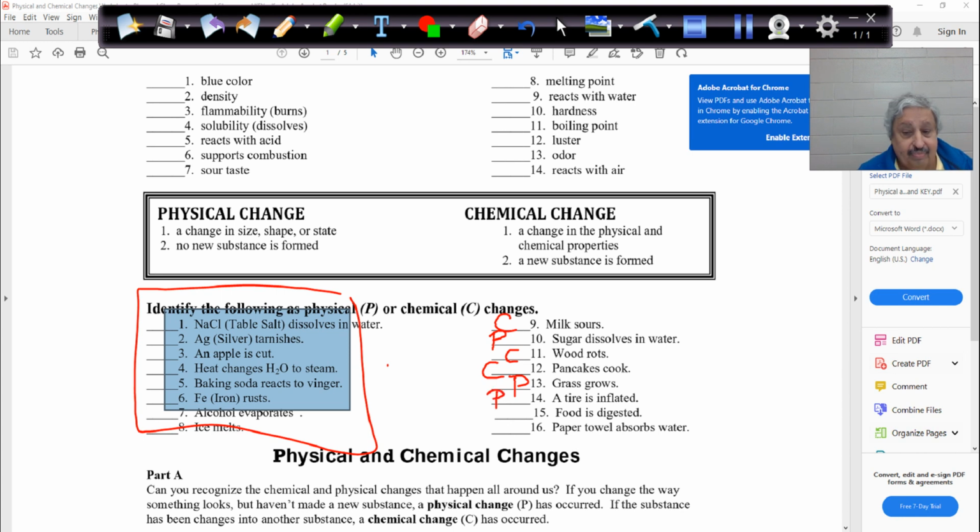So this is physical. Food is digested. You have to watch. Food is digested. Digested where? I mean, in humans and animals, in the stomach of all the animals, correct? So what's inside the animals that digests the food? What do we have inside? 2% of what? What acid? Hydrochloric acid, correct? So hydrochloric acid is reacting with that food to break it down into small pieces, correct?